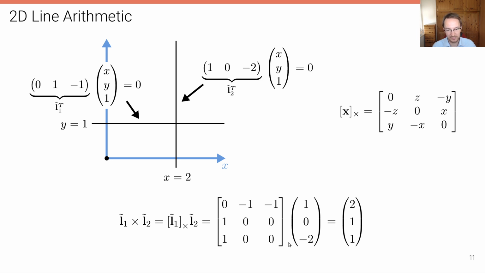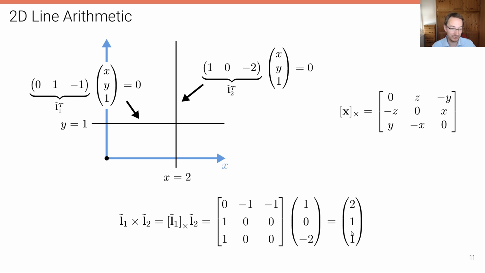Now, if we take these two line vectors and compute the cross product, which can also be written as the product of this skew-symmetric matrix with the second line vector, where this cross product matrix I have again written here on the slide on the right, and we multiply these two together, then we obtain 2, 1, and 1.